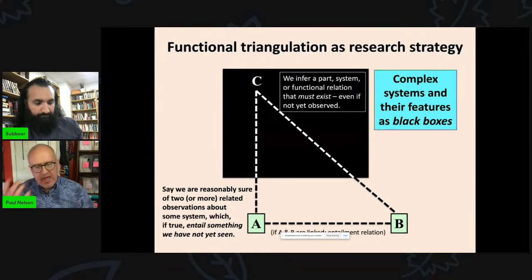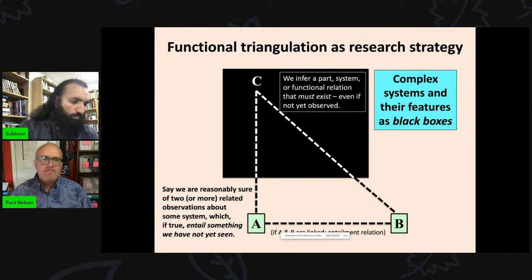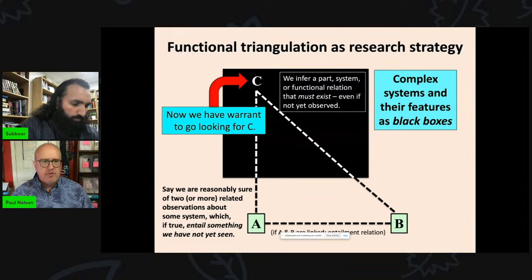So here we have fact A, fact B. These have an entailment relation to each other. These are connected facts. They're not stray observations. There's some important connection between them. And we infer a part, system, or functional relation that must exist even if not yet observed.